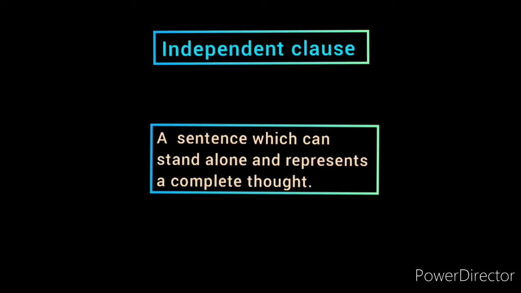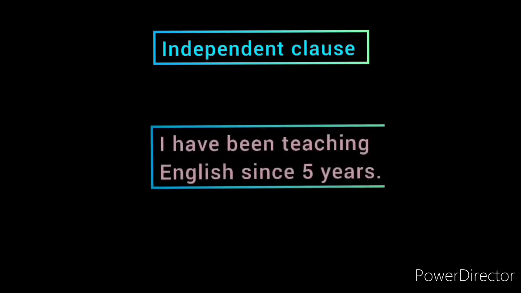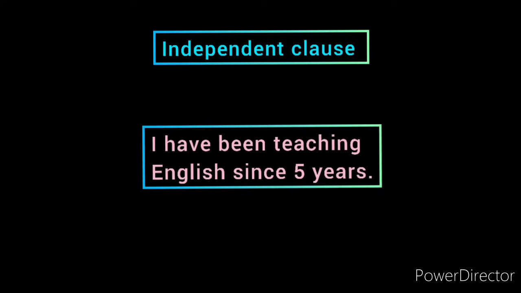Fine, students. Now, for example, I have been teaching English since 5 years. Now, students, you can see that this group of words is conveying complete sense and it does not require any other clause to convey complete sense, right?